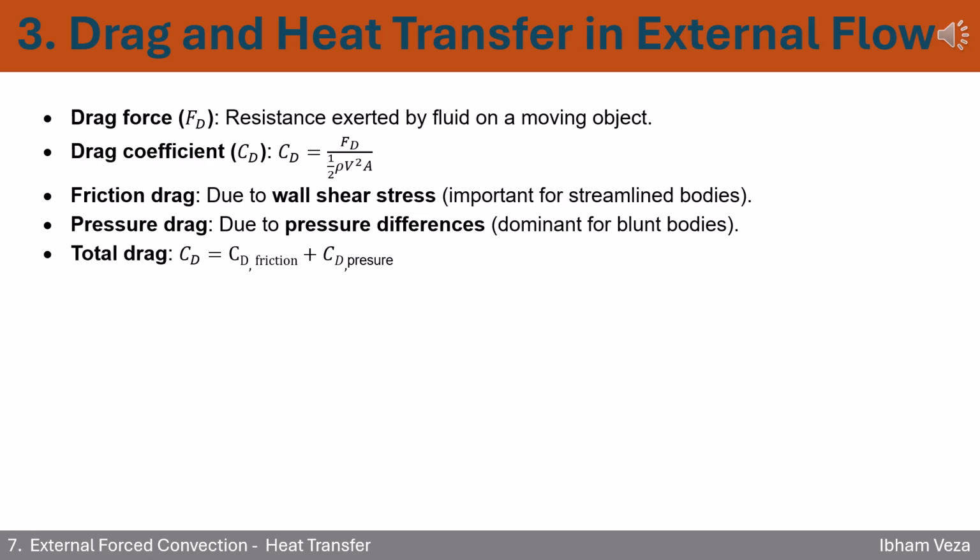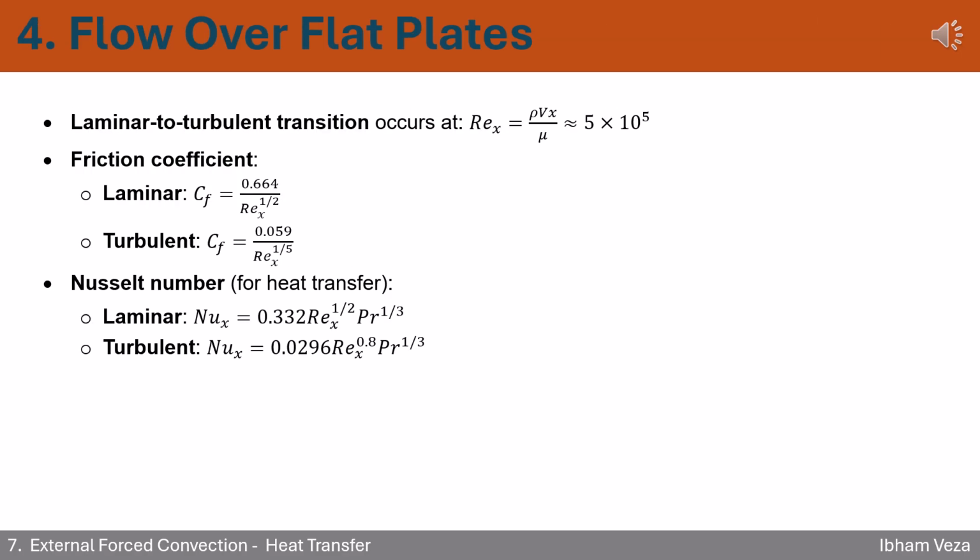The total drag is simply the sum of both, friction drag plus pressure drag. Understanding this breakdown helps engineers design faster cars, more efficient turbines, and better cooling systems by knowing where the resistance really comes from.